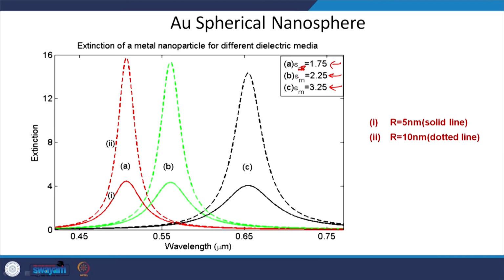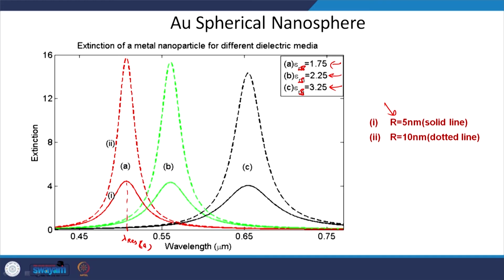So, it is actually epsilon s, and you can see that for any nanoparticle, say a nanoparticle of radius 5 nanometer, you can see a peak in the extinction. That is how it is characterized, and the maximum value of the peak gives the resonance wavelength. So, this is lambda resonance for 1 or A.